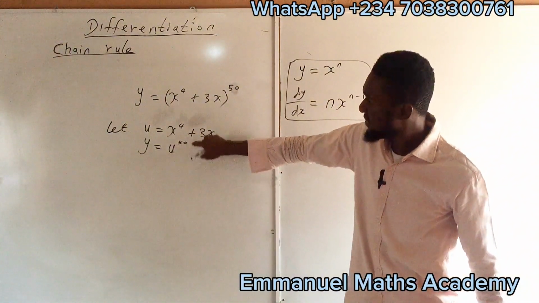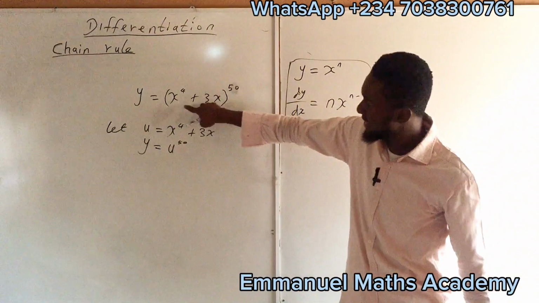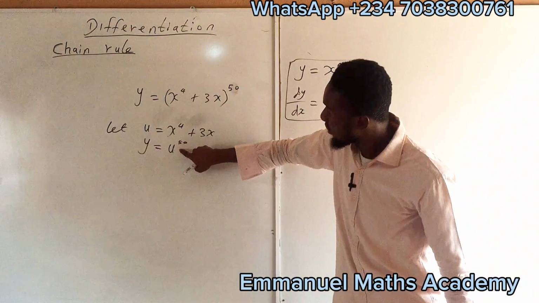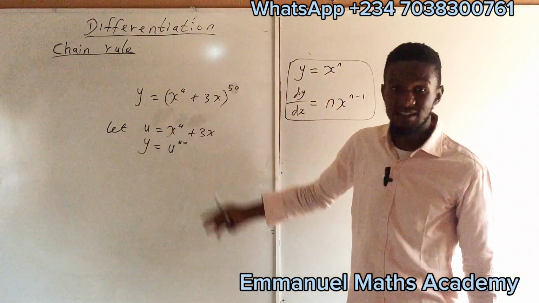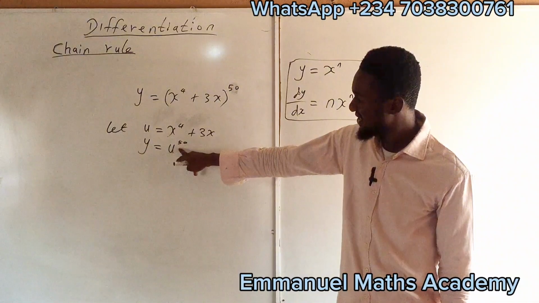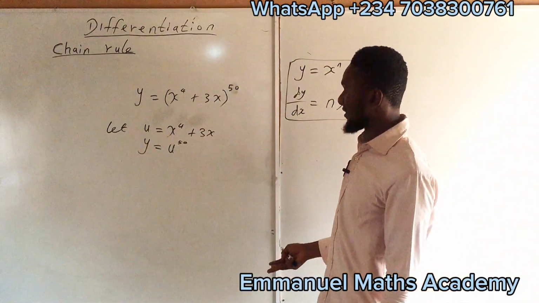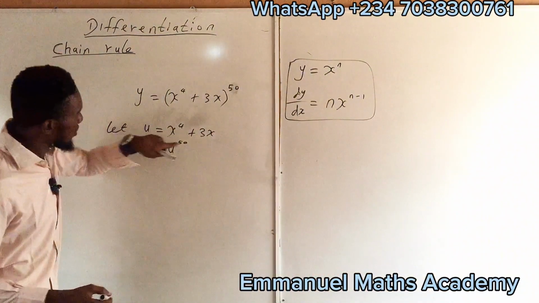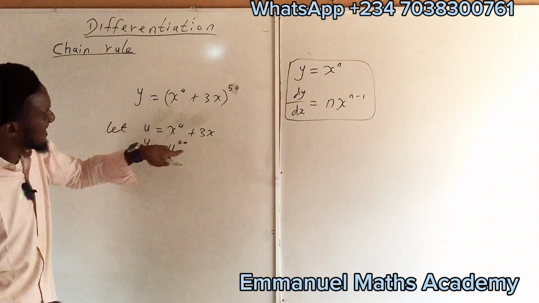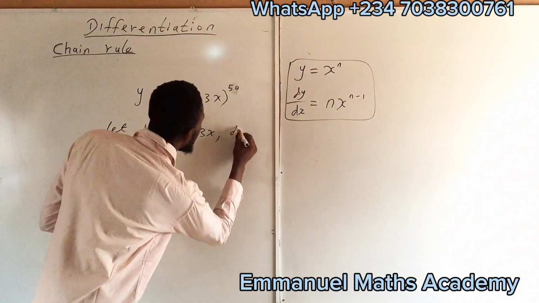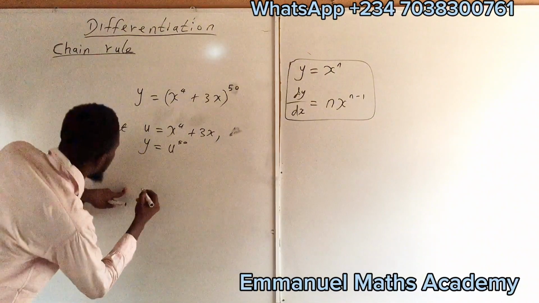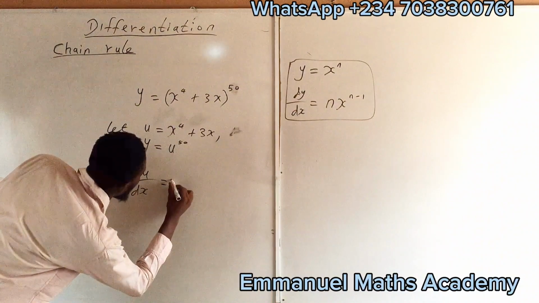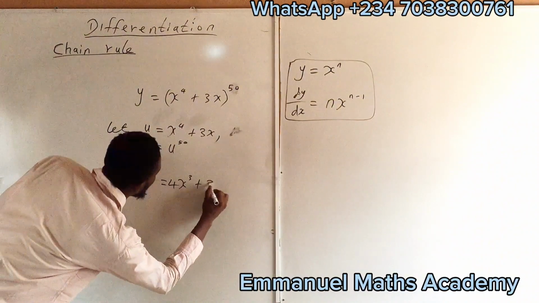Something is going on here. We say let u be all these things that you have inside here, then our y is equal to u raised to power 50. You can see that with this, you can actually differentiate y with respect to u. Now, if you have u equal to this, to find our du dx, du dx is equal to 4x raised to power 3 plus 3.